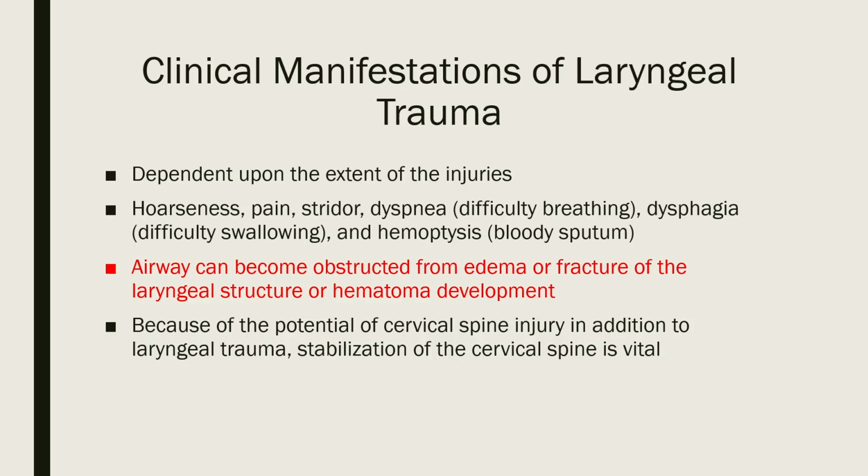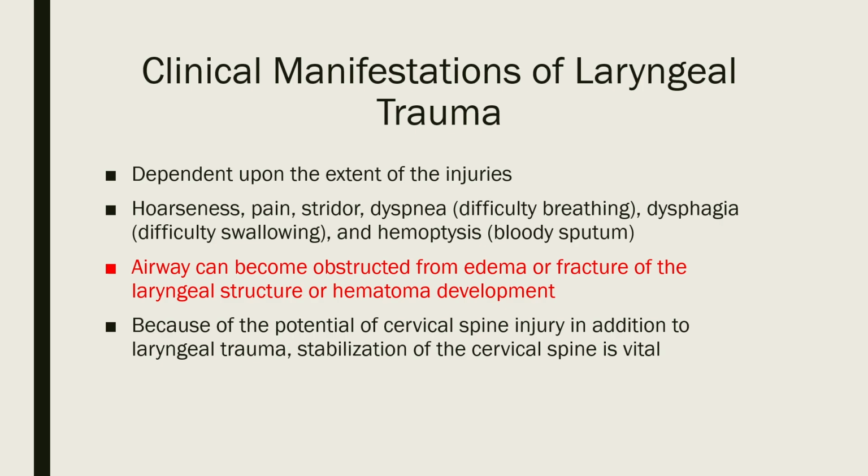Some clinical manifestations of laryngeal trauma will be dependent upon the extent of the injuries: hoarseness, pain, stridor, difficulty breathing, difficulty swallowing, or bloody sputum. The airway can become obstructed from edema, fracture of the laryngeal structure, or hematoma development.